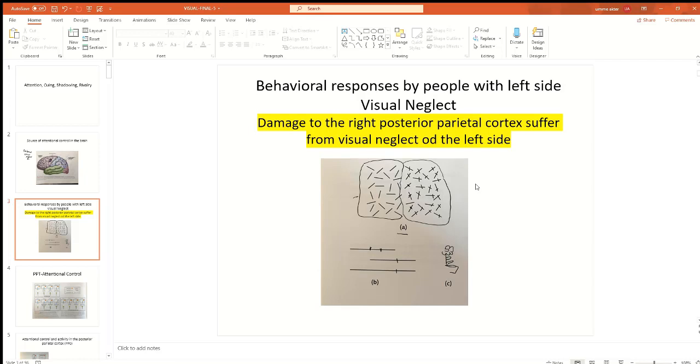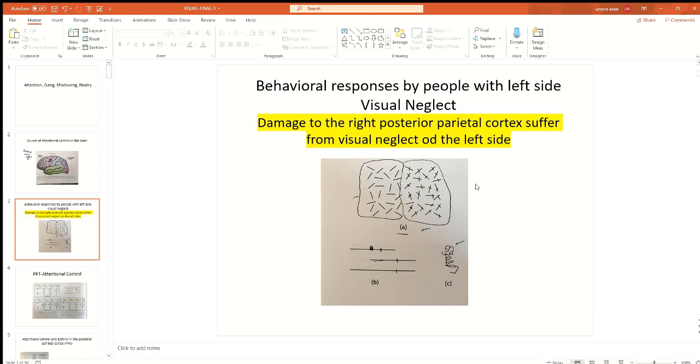This is another patient, not this patient, a different patient. He was told to put a mark in the center of the line, but he was biased towards the right. So he neglected a part of the left side of his visual field. And this is another patient. So these are from three different patients. All had lesion in the right posterior parietal cortex.